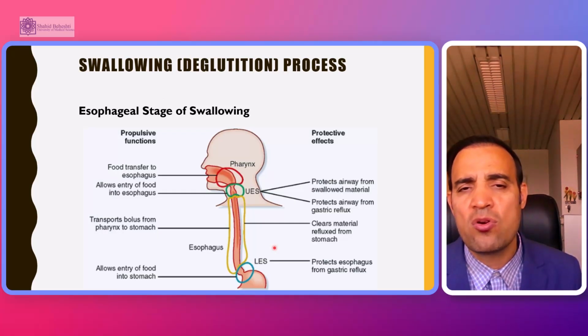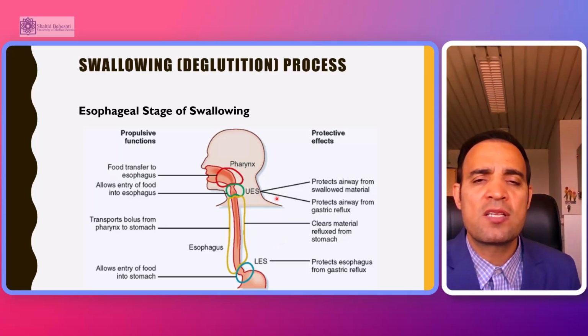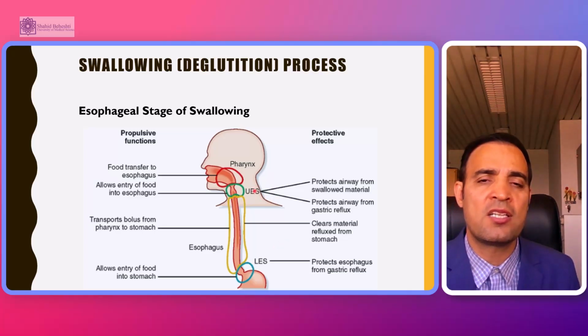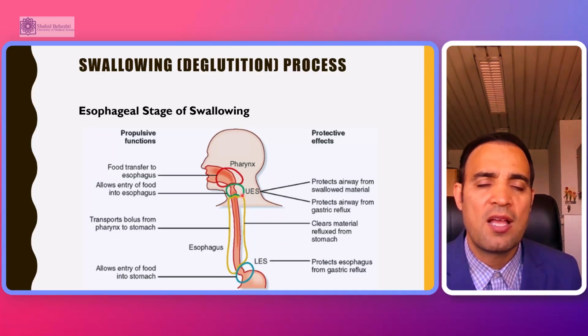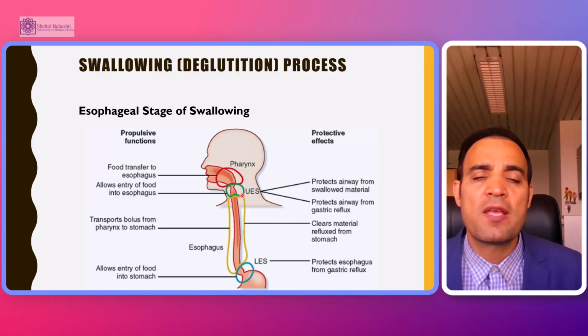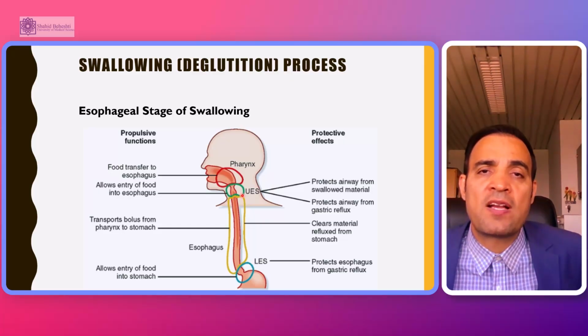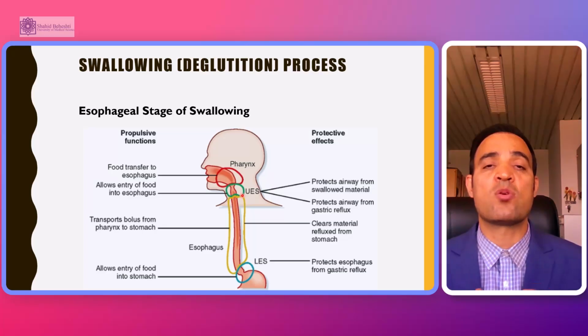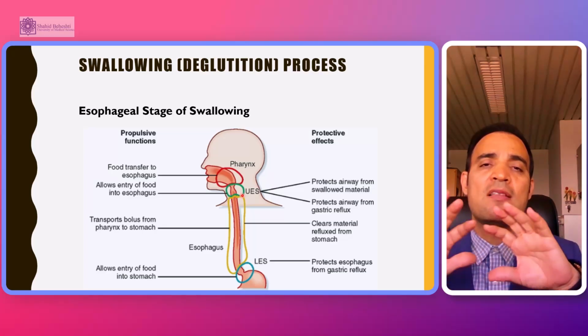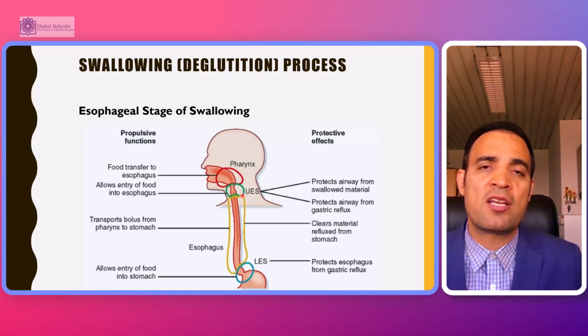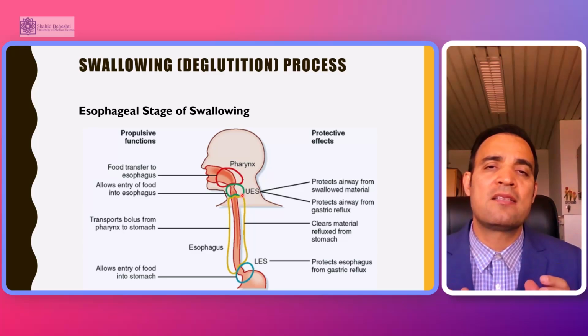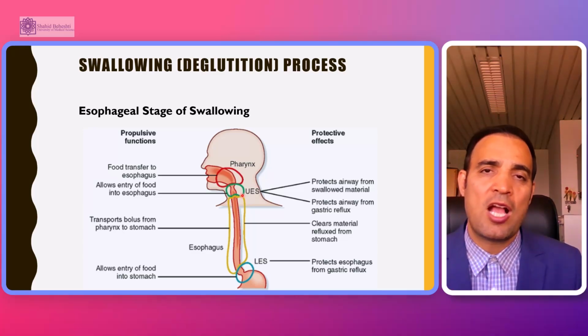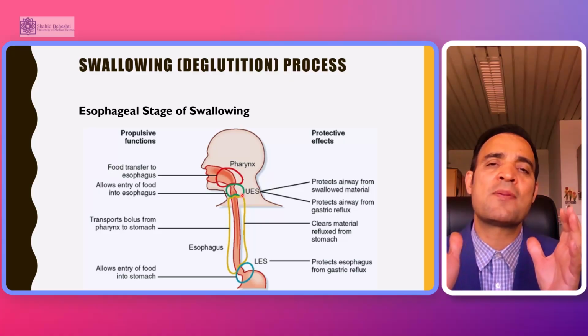This figure shows the upper esophageal sphincter in a green circle. And as I told you, normally the upper esophageal sphincter is closed. But when food has contact with the pharyngeal area, one response is the relaxation of this muscle, and therefore increased receptivity.